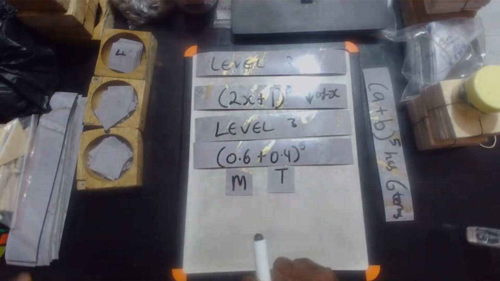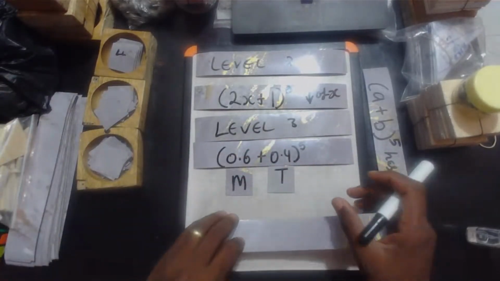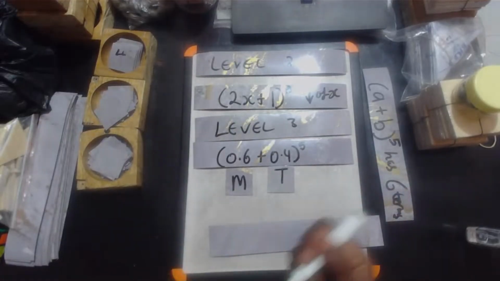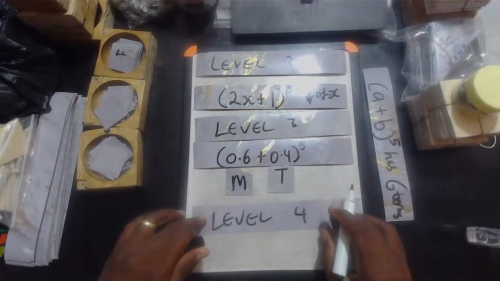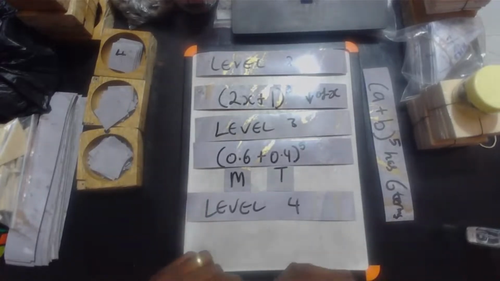Now we have level 4. A coastal market trader wants to expand their business.